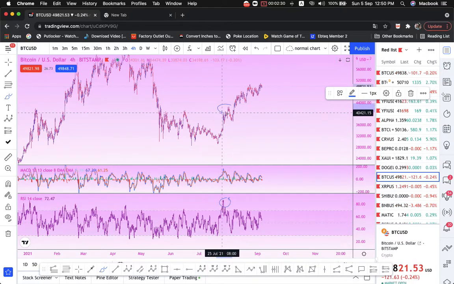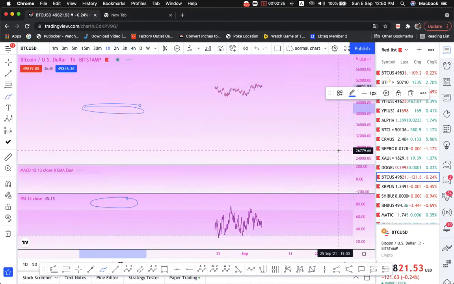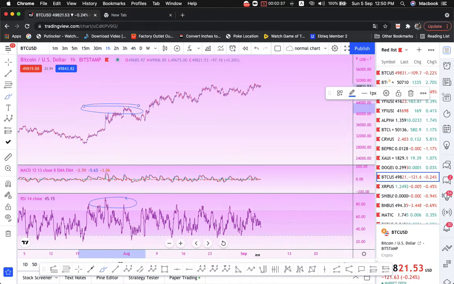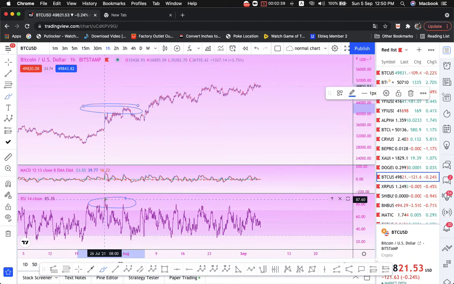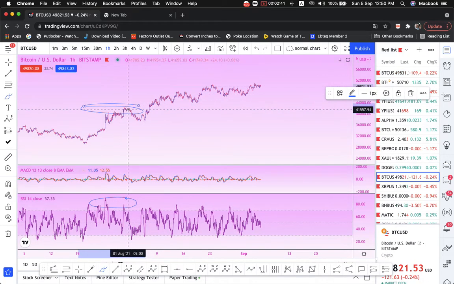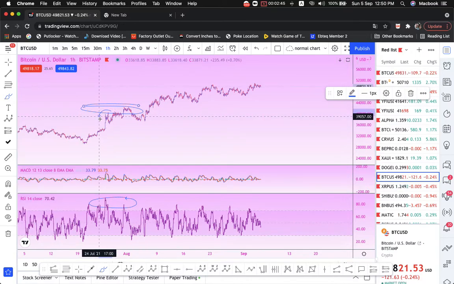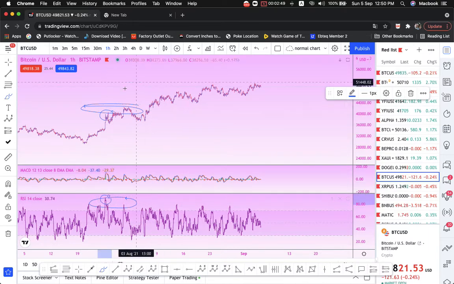And somewhere around here. Okay, so we go to the 1 hour time frame, and you'll see that the 1 hour here is still the highest peak, somewhere around here, right? Which is somewhere around here. So, which means this could be a third wave. Definitely.